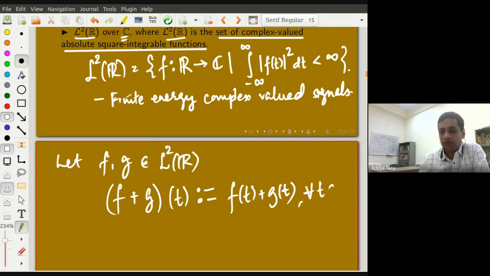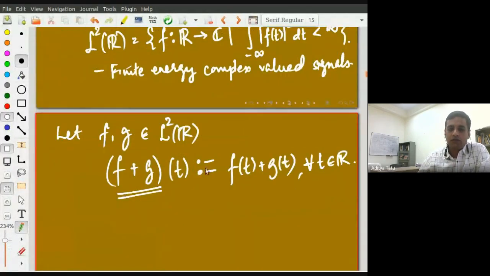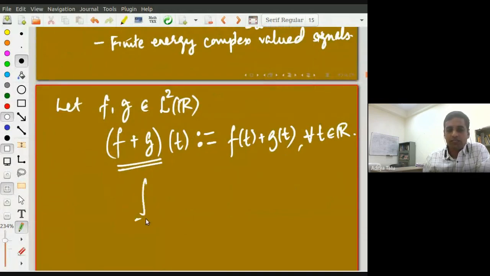For all real numbers. Right now, the only thing is f plus g, the way we have defined it, is surely a function from R to C. But what is the guarantee that this signal f plus g will also have a finite energy? So I also need to show this.